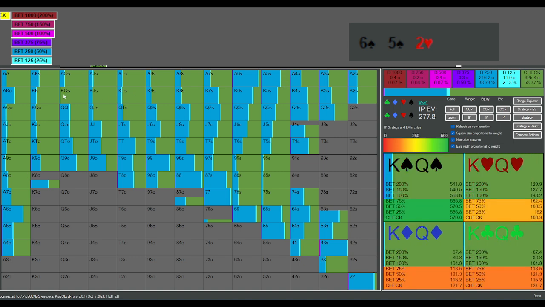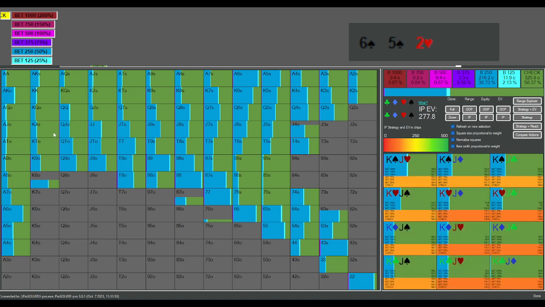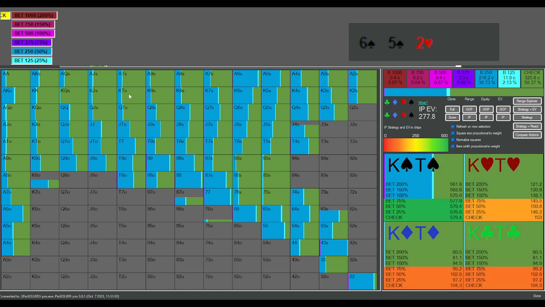So like this high card stuff with a spade, I would strongly suspect, or even a lot of this ace high, getting bet significantly more often than it should, or like king 10 with a backdoor or something. These sorts of hands getting bet significantly more often than they should.